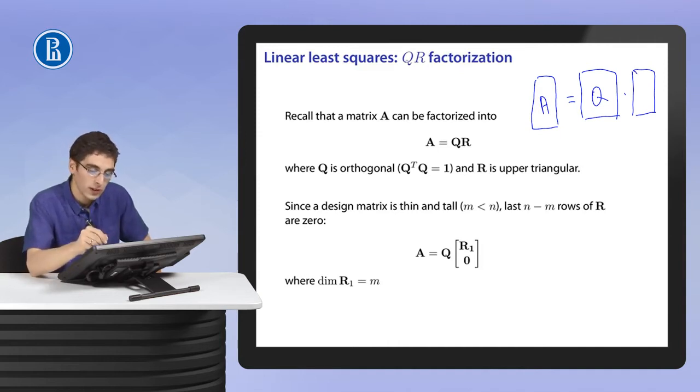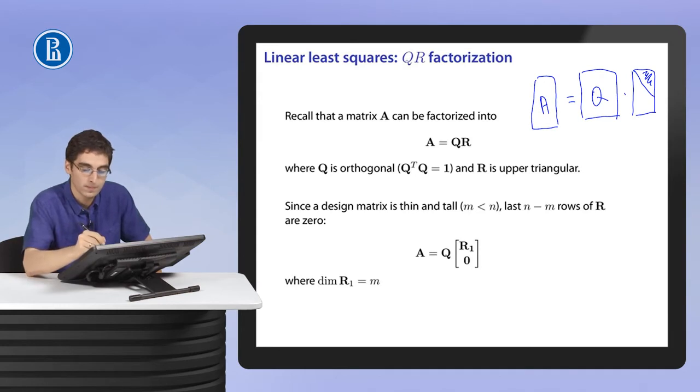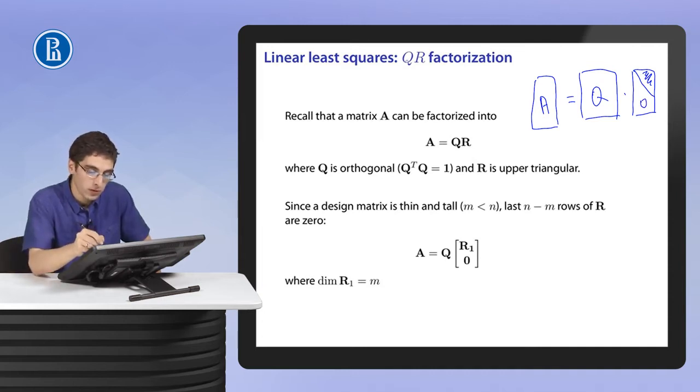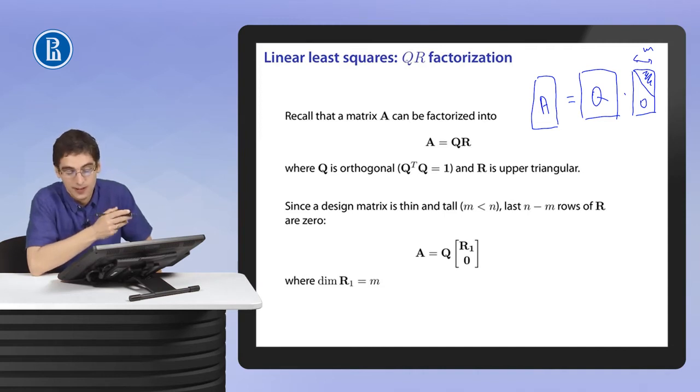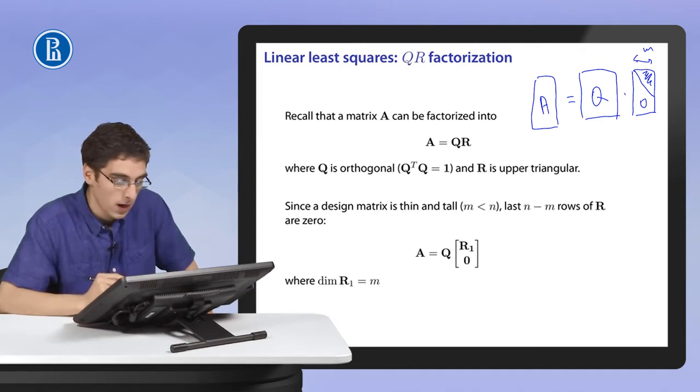So necessarily it has this part which is non-zero, and the rest are all zeros. Let's call this non-zero part R1, which has dimensions of m by m. And this decomposition exists for virtually any matrix A, as long as it's not rank deficient.